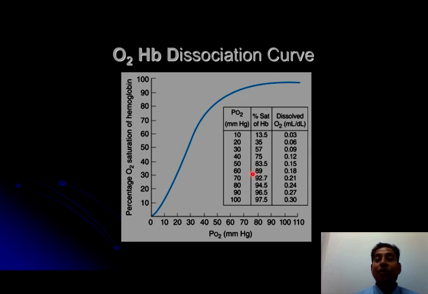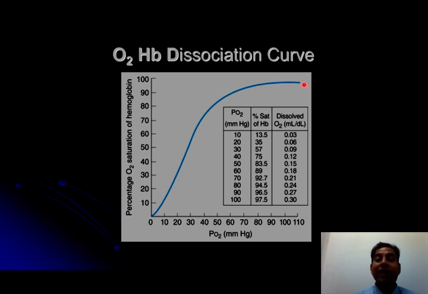So this is what is called an exponential rise. Now, if you go beyond 90, this more or less becomes a flat line. That means if you increase the partial pressure beyond 60 millimeters of mercury, the amount of oxygen which can be transferred does not really change by much.